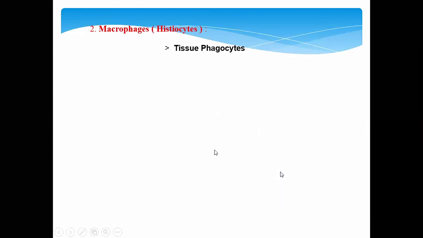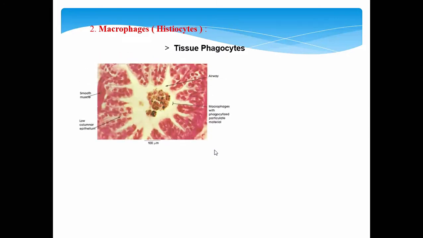Okay, histiocytes. Correction, the spelling in the first was wrong, but it is histiocytes. Macrophages. Okay, so there you are. They are the macrophages you would see here with debris already, bacteria perhaps, debris that they have taken already.